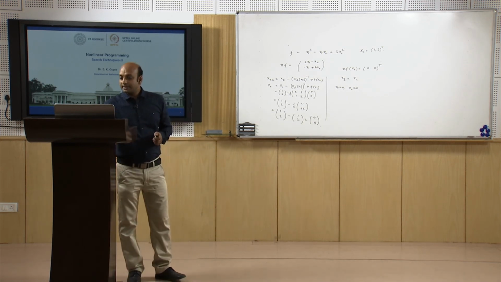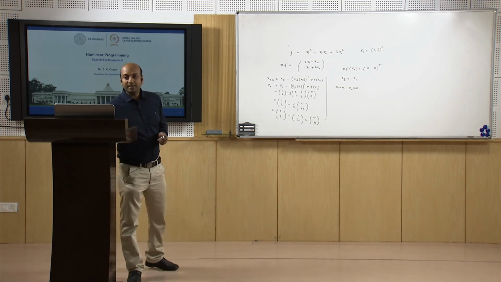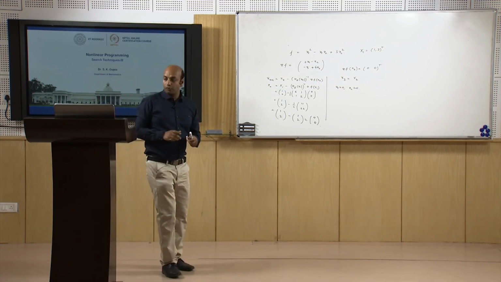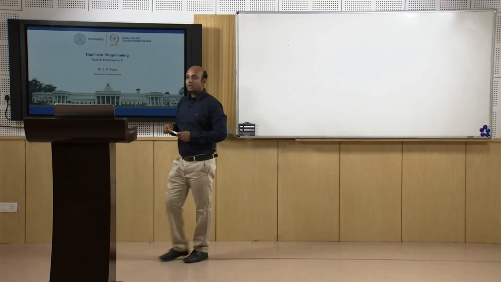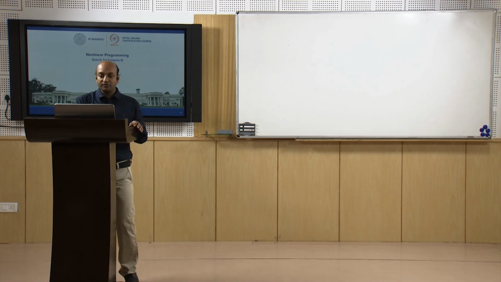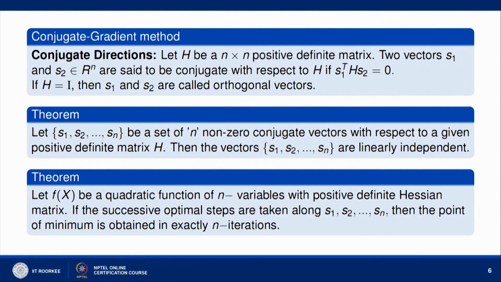Now, the next method is the conjugate gradient method. Let us see what this method is. Before setting out the method, let us define some terms. First is conjugate directions. Let H be an n cross n positive definite matrix.